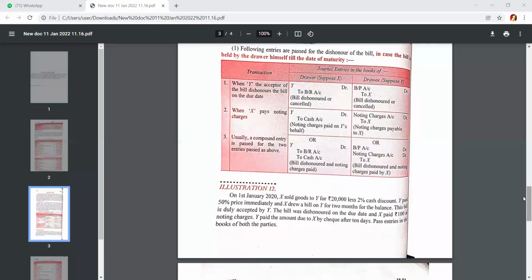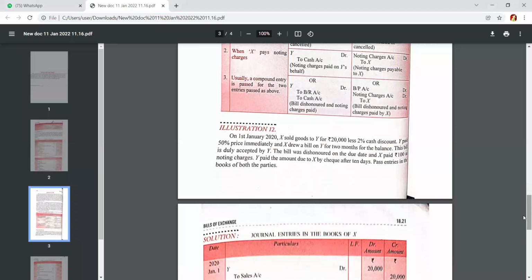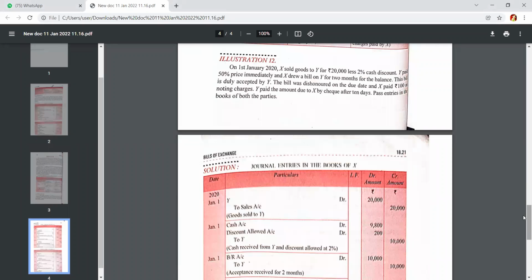On 1st January 2020, X sold goods to Y of rupees 20,000 less 2% cash discount.